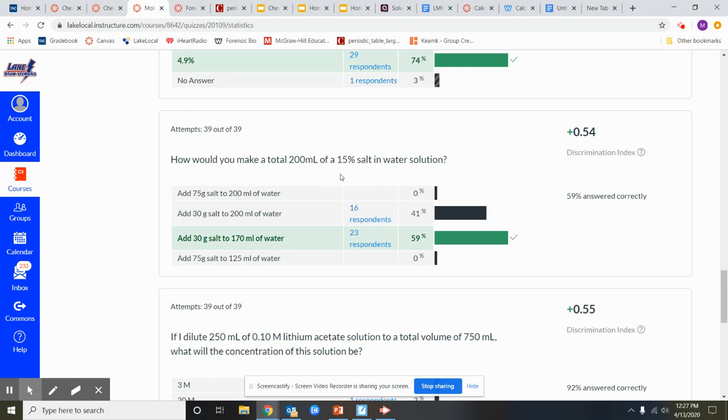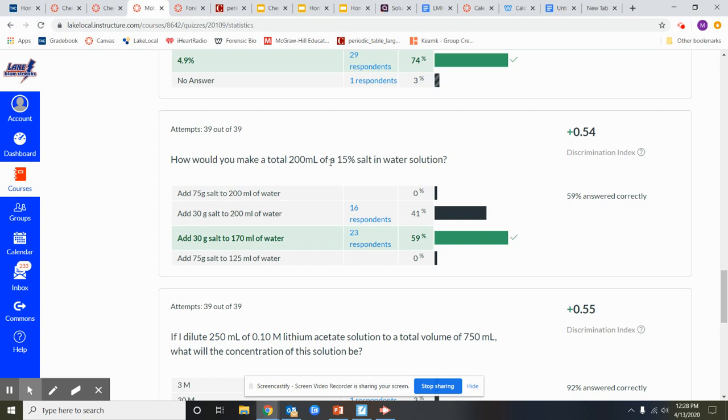It gave me my percent, so 15% equals, I don't know my grams of solute, that's what it's asking me to find. This is milliliters, so this is a gram to milliliter percent concentration, mass volume. So I have a setup of 15% equals X over 200.